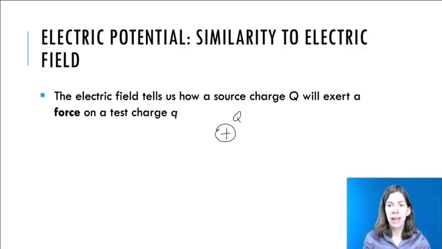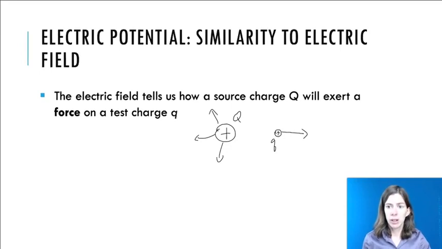And we know that if we place a positive test charge, we'll call it little q, within the field created by the source charge, and the field points away from that charge, it will experience a force in the same direction as the electric field. So it's going to experience a force this way.